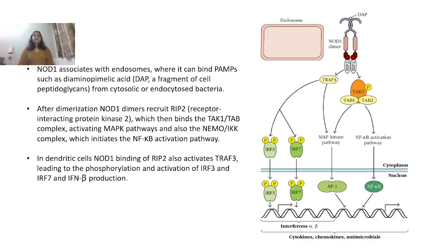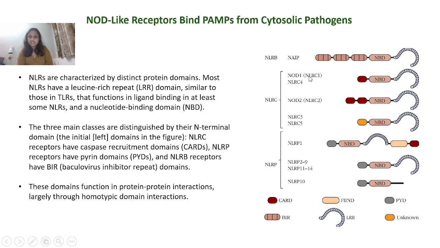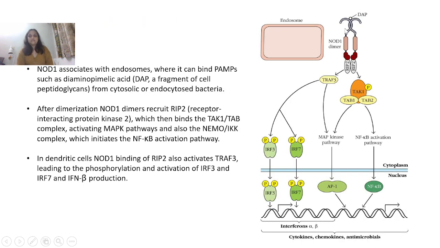Here we can see the signaling by the NOD-like receptors. Here you can see a NOD1 dimer. NLRC1 or NOD1 has a CARD domain, NBD domain, and the LRR domain. There is binding of this NOD1 dimer with a bacterial component, diaminopimelic acid, which is a fragment of peptidoglycan present in cytosolic or endocytosed bacteria.